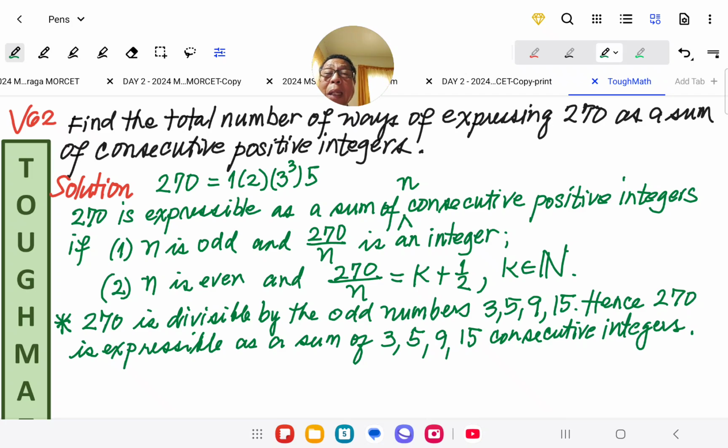And by the way, I would like to add that in case 1, where n is odd and n divides 270, this quantity 270 over n is actually the middle summand.